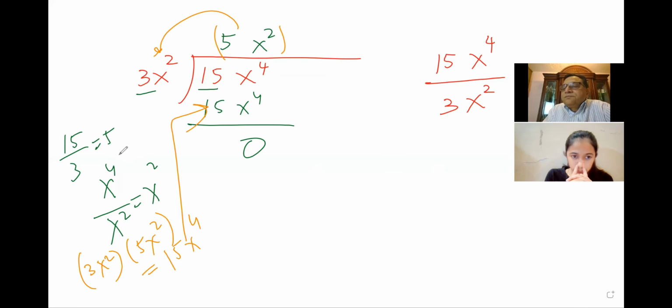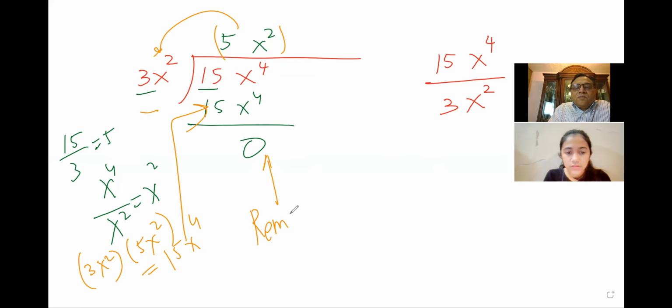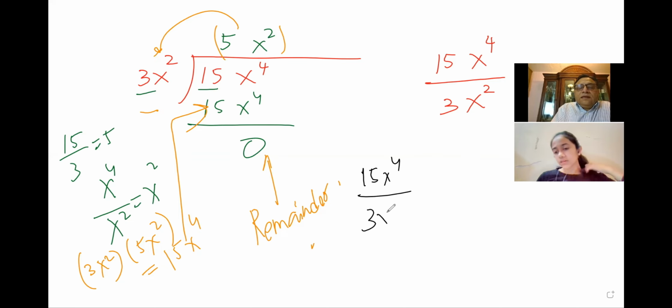Is that clear to you? And then when we subtract, we get 0. So in this case, that is my remainder. Is that okay? And therefore, I could write this as 15x to the power of 4 divided by 3x squared is equal to 5x squared plus 0 over 3x squared.